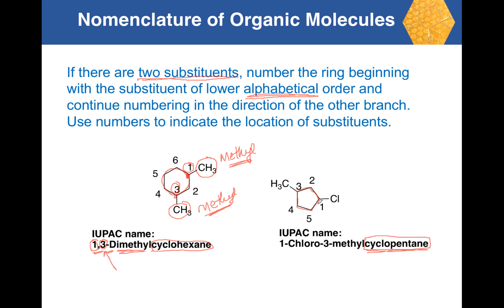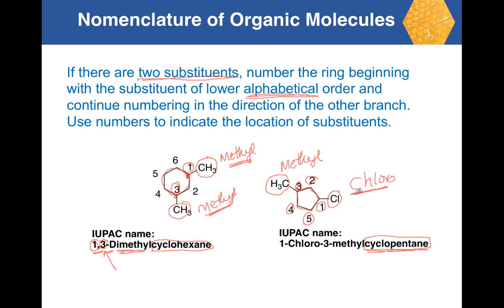Okay, we could number going 1, 2, 3, 4, 5, or as shown here, 1, 2, 3, 4, and 5. Notice we start numbering at C. This is chloro, because C comes before M, and this is a methyl.